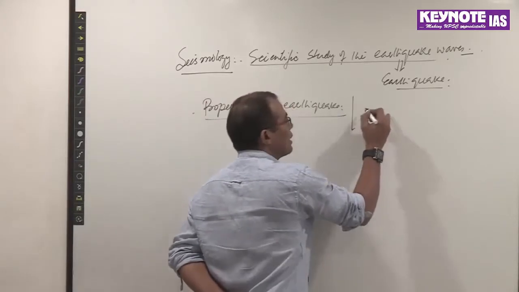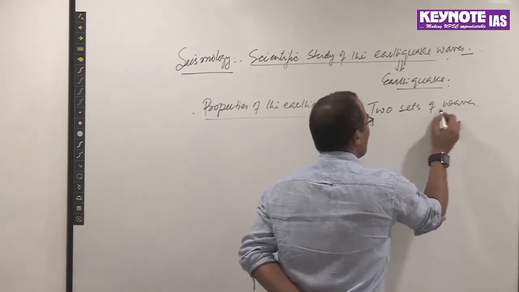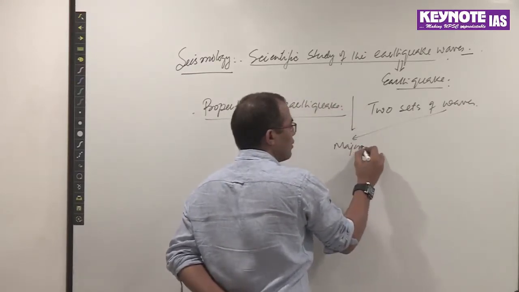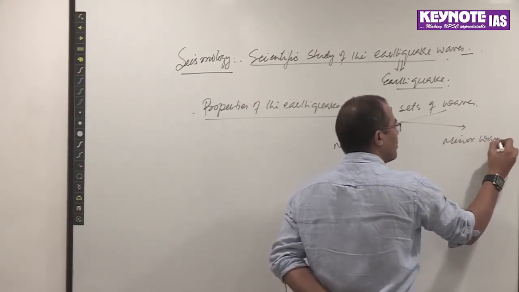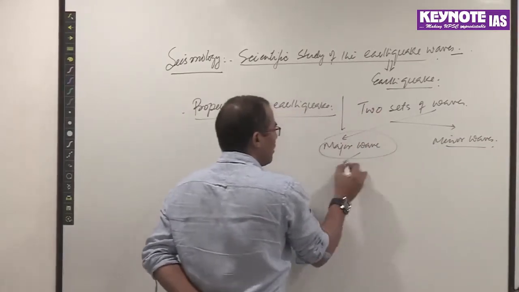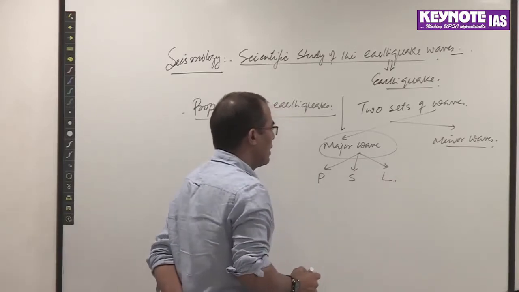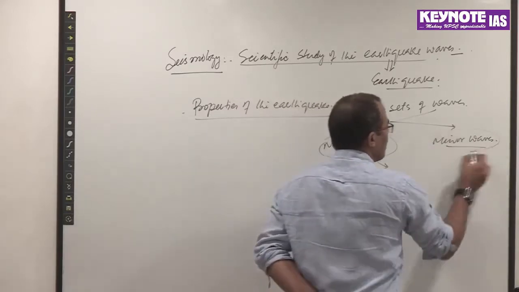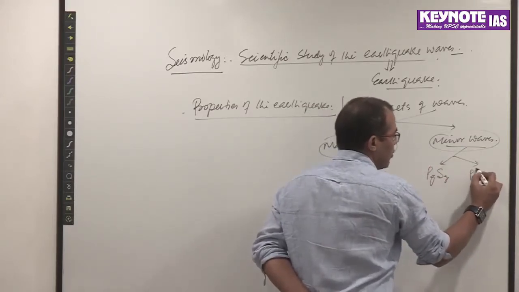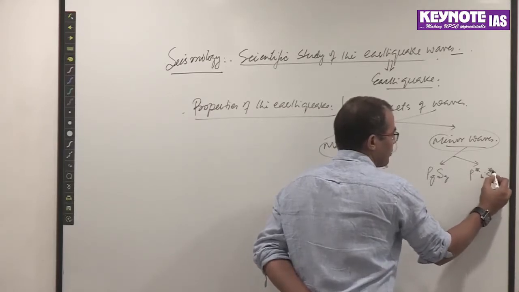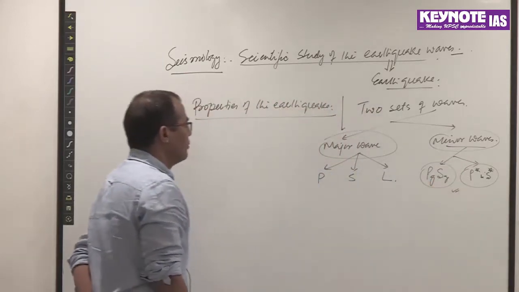Basically we have two sets of waves. One is major waves and another one is minor waves. Among the major waves, three waves are there, P, S and L. The minor waves are Pg, Sg, P star and S star, relatively discovered recently.